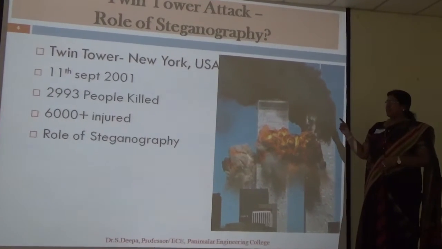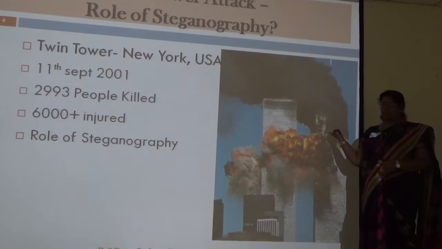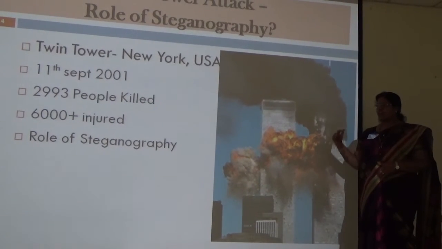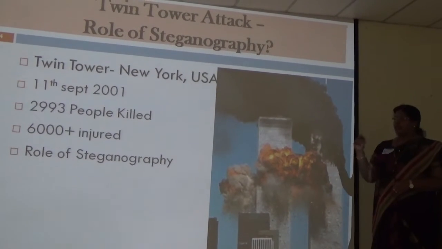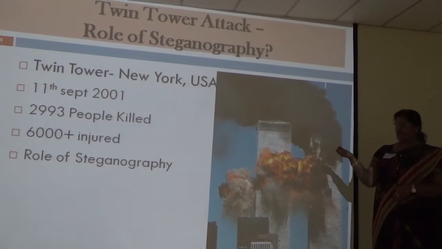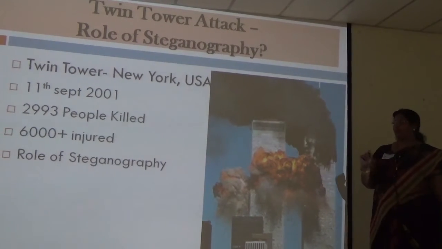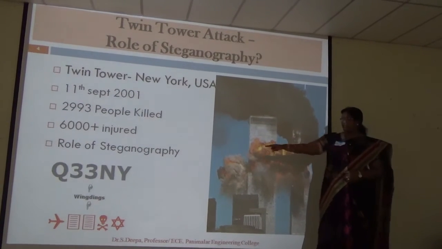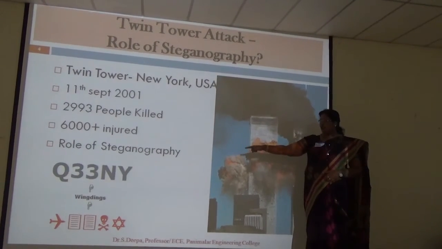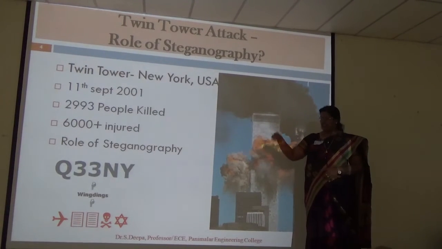They say that the communication between the terrorists and the Al-Qaeda quarters was not traced by the USA intelligence agency, because the text they transmitted used the concept of steganography. The aeroplane number is Q33NY. NY stands for New York. So this simple text was transmitted.